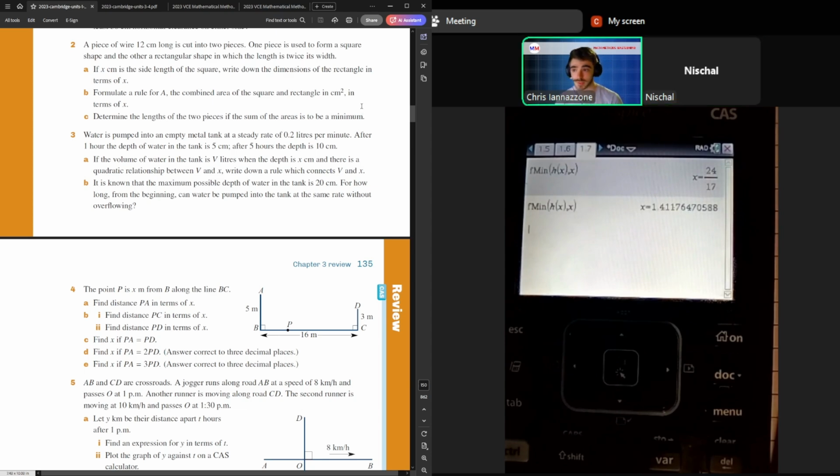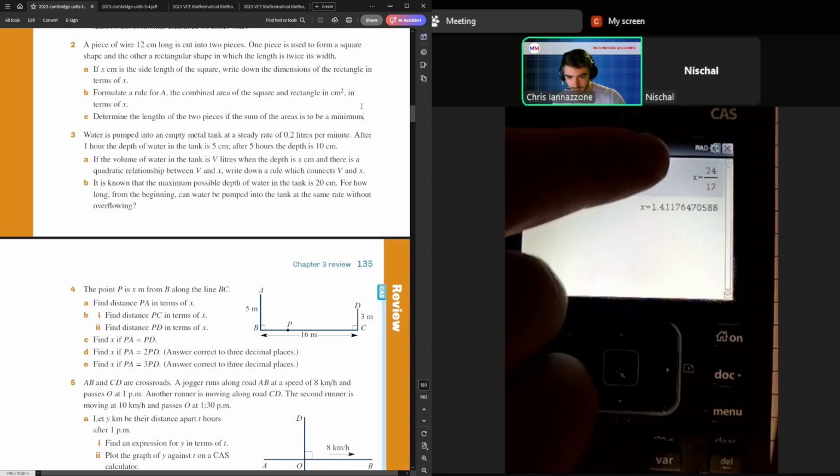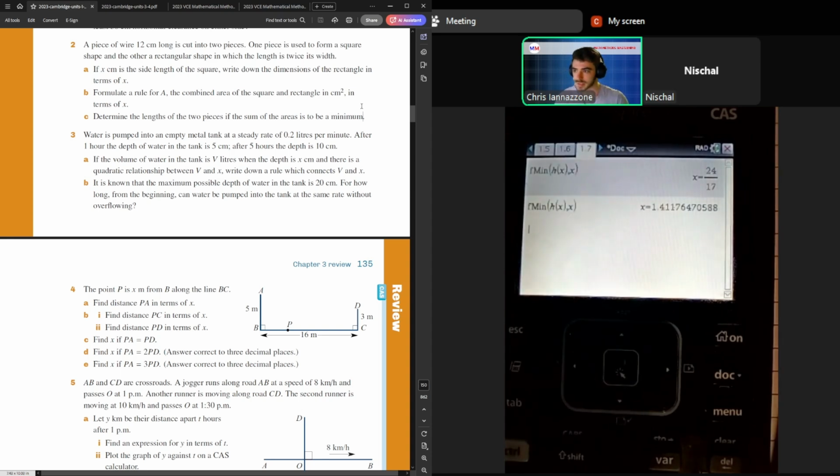Yeah, precisely. You have your width equation in terms of x, you have your length equation in terms of x. So you just sub this fraction into both of those, and that's the game. Because it says determine the lengths of the two pieces.